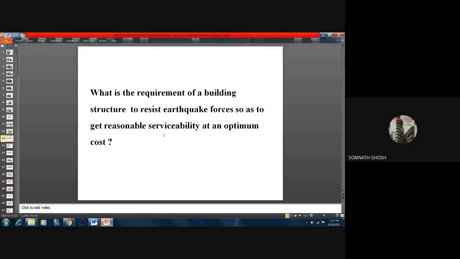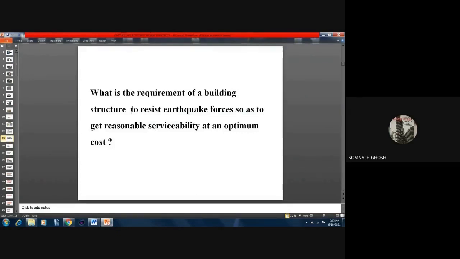It will behave like an elastic structure. No, in that case, the cost will be extremely high, and you have to accept a particular damage limit. That is, reasonable serviceability means everything should be within a particular limit so that it can be repaired.